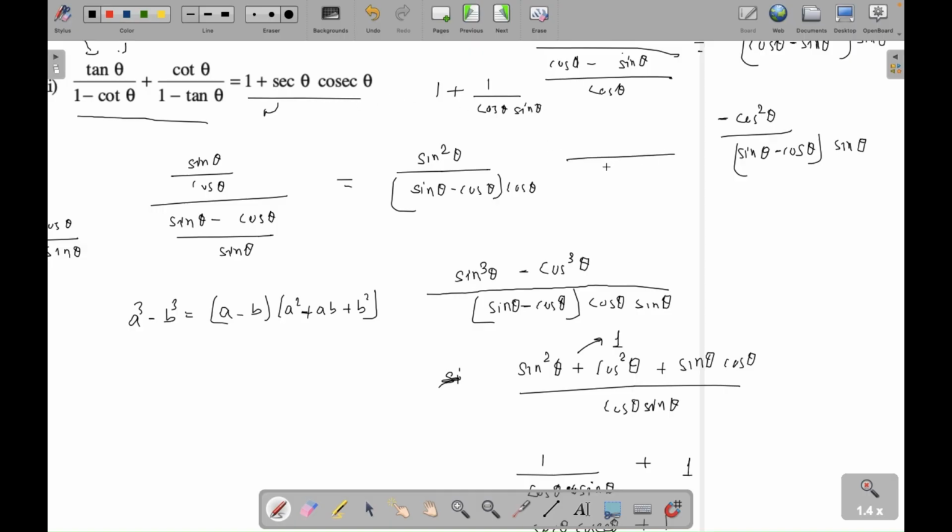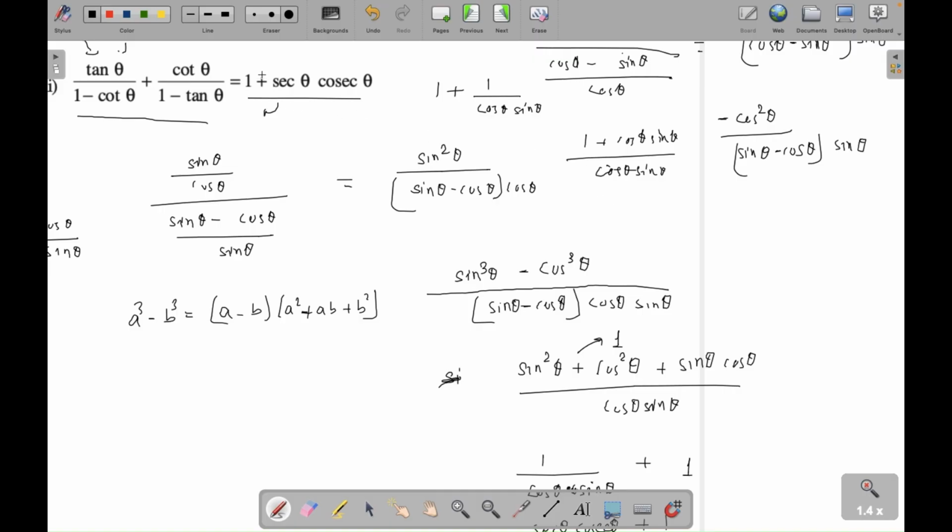And then you could have written this as 1 plus cos theta sine theta upon cos theta sine theta. Then you could have said that LHS is equal to RHS, but this is not the correct approach.